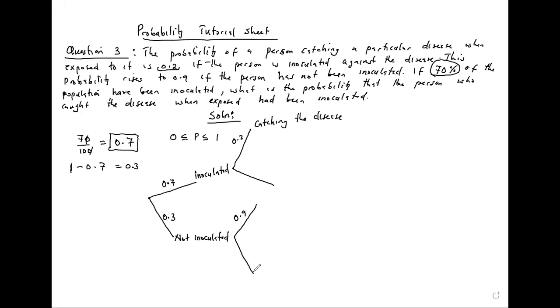Then the question is saying, what is the probability that the person who caught the disease when exposed had been inoculated? So this line, the person inoculated and got the disease.